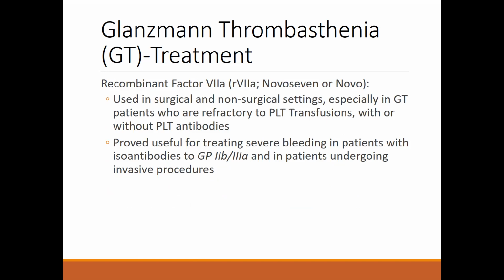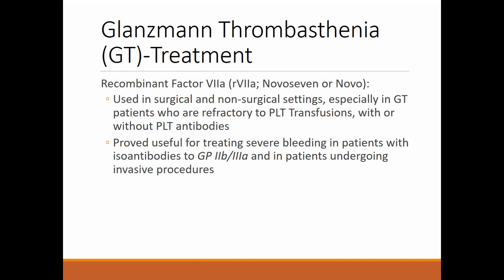And other methods of therapy, such as recombinant factor 7A or NovoSeven, have been used in surgical and non-surgical settings, especially in GT patients who are refractory to platelet transfusions with or without platelet antibodies. So refractory to platelet transfusions means that no matter how many units of platelets are being transfused, the patients don't seem to be able to get their platelets to function once again.